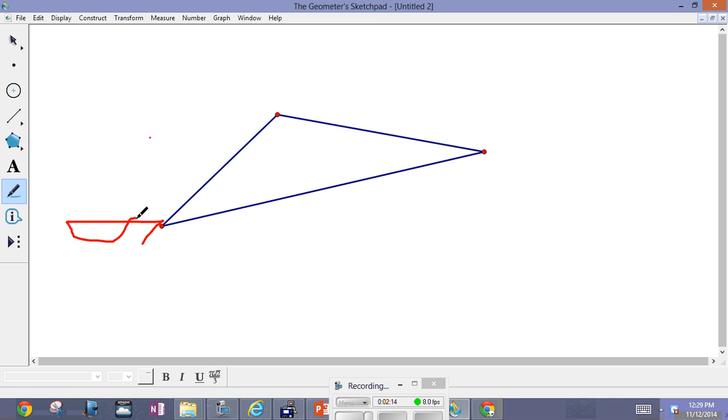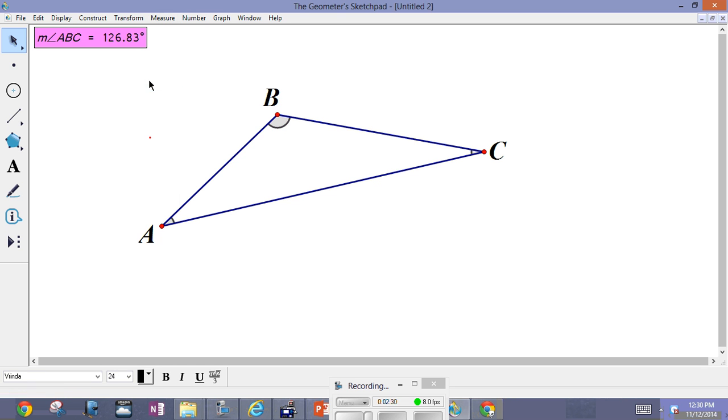We want to use that tool to point on and pull out the angles, and then there they are. Then measure each angle, and I'll put the tags in there.